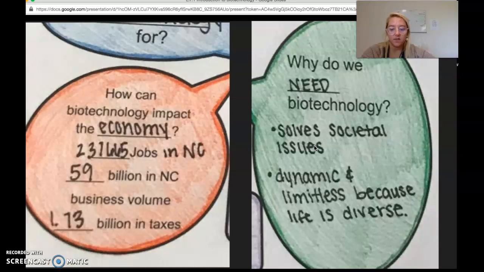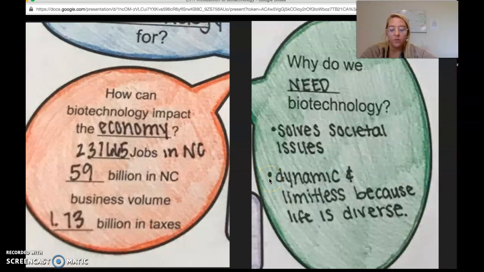Somebody has to fund the science that we do. Science isn't free. So many of the scientific advances we have are because of societal need or issue. Biotechnology solves those issues, right? And even tries to solve issues that are not there yet, the issues that might come. And again, it is dynamic and limitless because life is diverse.